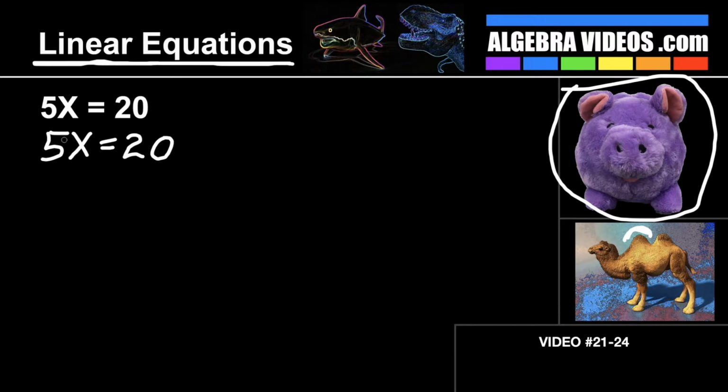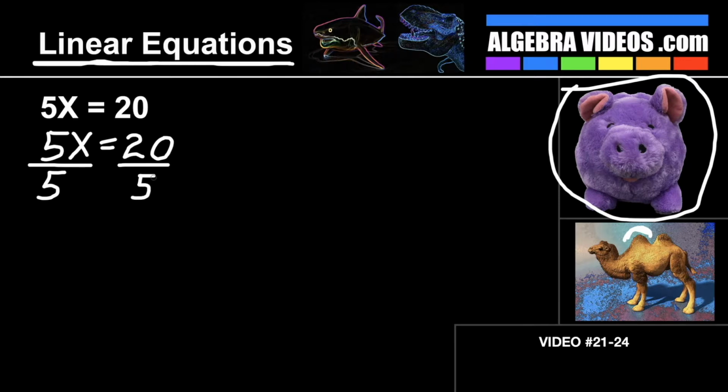So right now there's a 5 right beside the x. We have 5 times x equals 20. So I would like to get rid of this 5 so that x is by itself. So I'm going to multiply both sides, or excuse me, I'm going to divide both sides by 5. Okay? I can do anything I want to both sides of the equation.